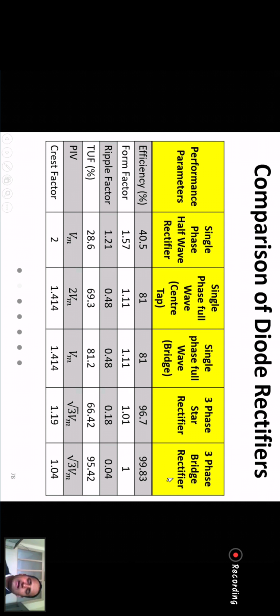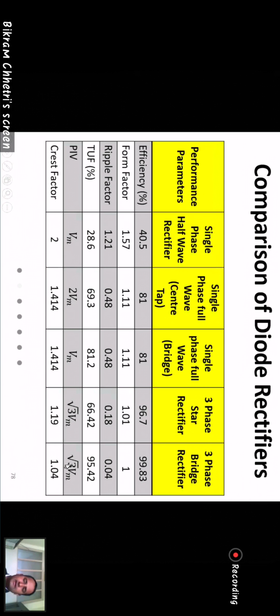Form factor is 1 in this case. Transformer utilization factor is 95.42, and PIV is √3 of Vm. You can go through this comparison.